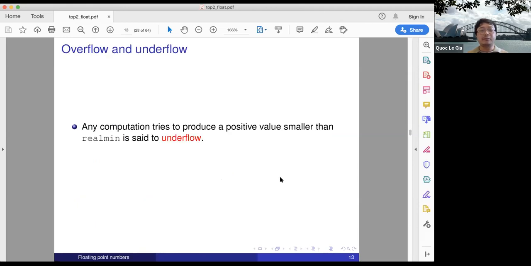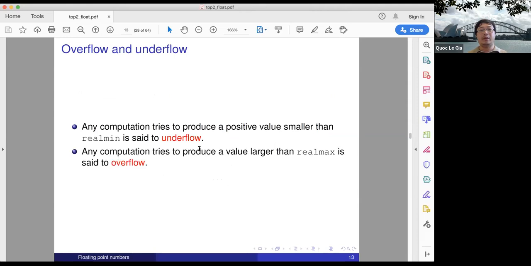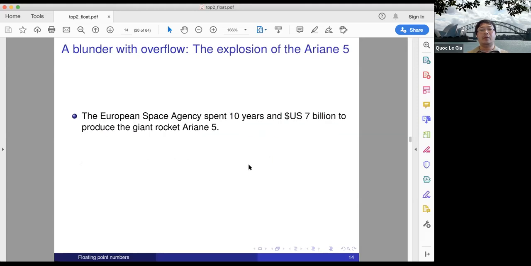If a number is smaller than realmin, then we say that is underflow, and this one is related to the Ariane rocket incident. So please watch it when you have time. And if the computation is over realmax, then we say that is overflow.